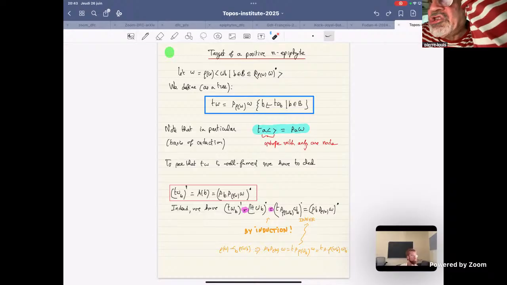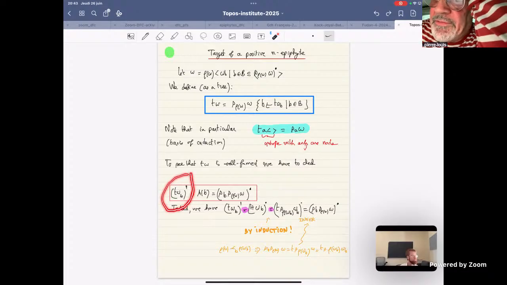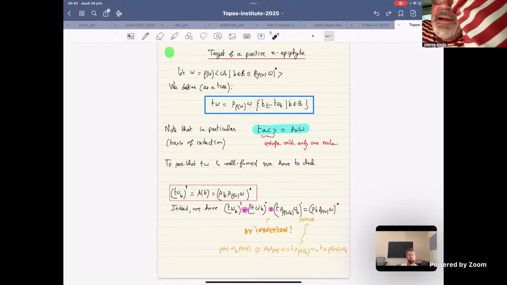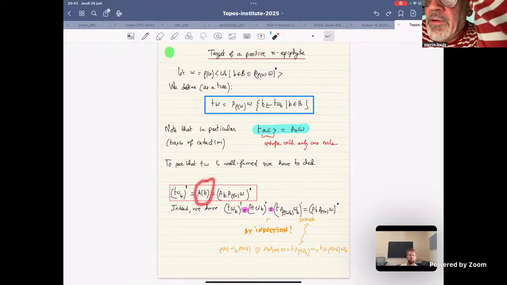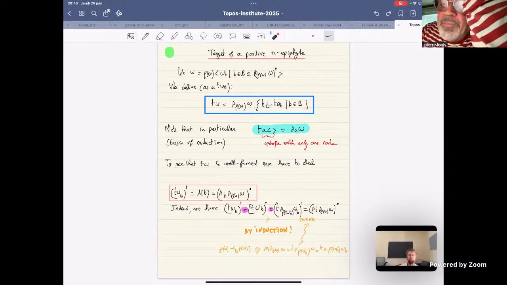So we need to check that the leaves, because we substitute a tree for a node, so we have to be sure that the leaves of what we substitute are actually the arity of the node B, which itself, by definition of opetopes, is the source at B of the source at the root of omega. So we have to check this.